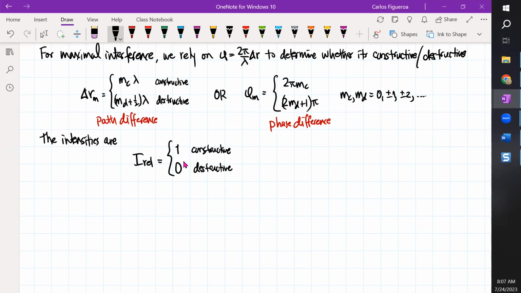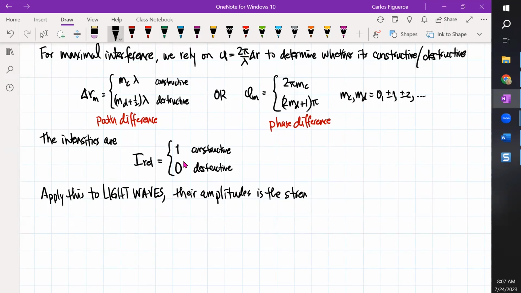Now, let's apply this to light waves. So if I now apply this to light waves, their amplitude is the strength of the electric field.